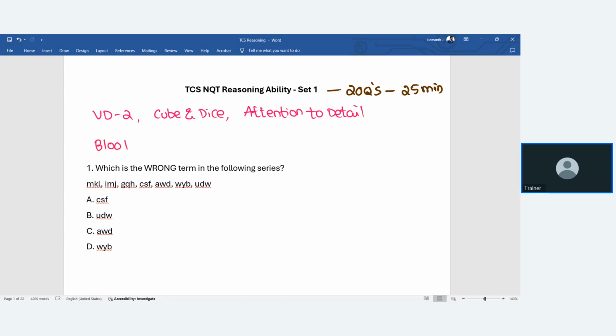You can find blood relation topics. VD is nothing but Venn diagram. Arrangements, data sufficiency, and you can find topics related to statements and arguments, statements and assumptions, syllogism concept.